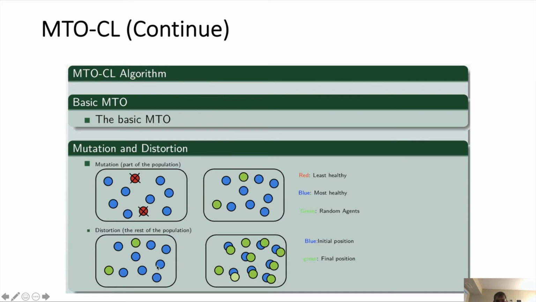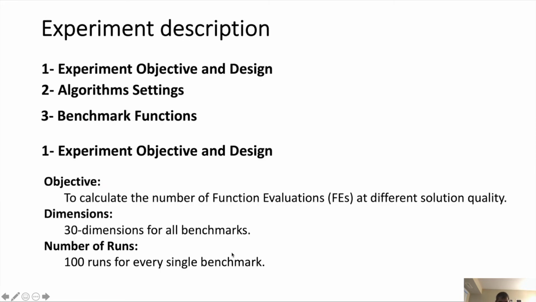Then in the distortion stage, we just deviate the rest of the population. As we can see in this picture, the rest of the agents are deviated from the blue to the green. Blue is the initial position and green is the final position.